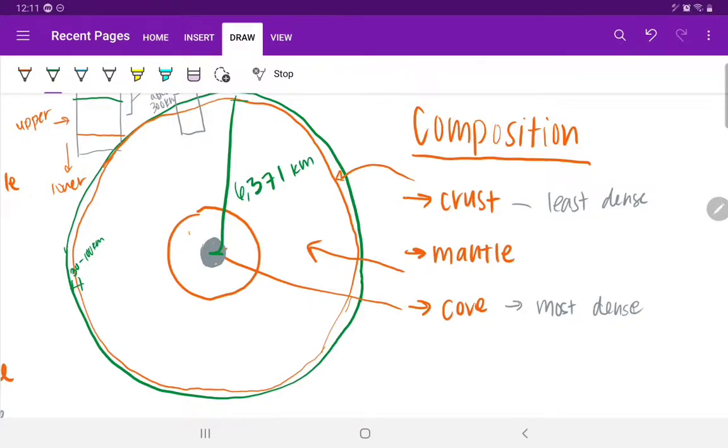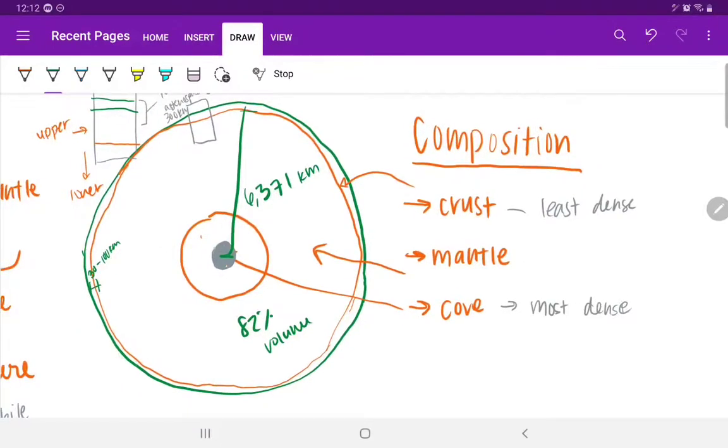And then we have the mantle. And as you can see from this diagram, the mantle definitely takes up the most amount of space on Earth. It's roughly 82% of the volume of the Earth, and the mantle is approximately 2,900 kilometers deep. So from the surface down to the edge of the mantle, we have 2,900 kilometers.